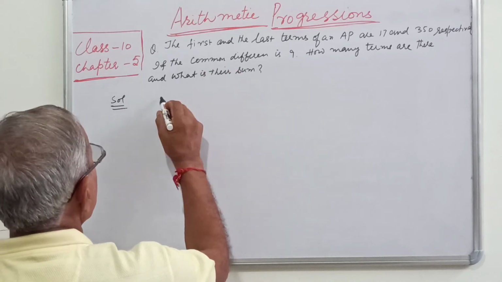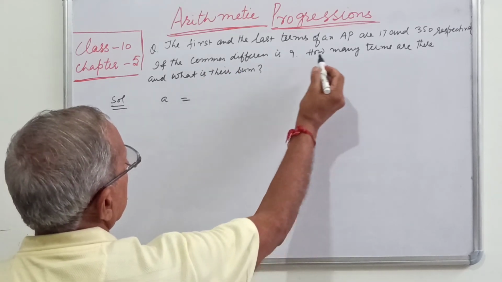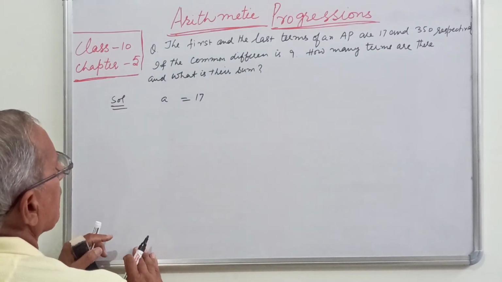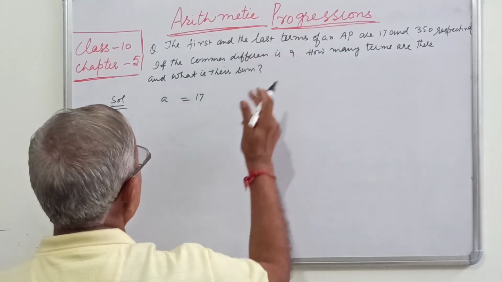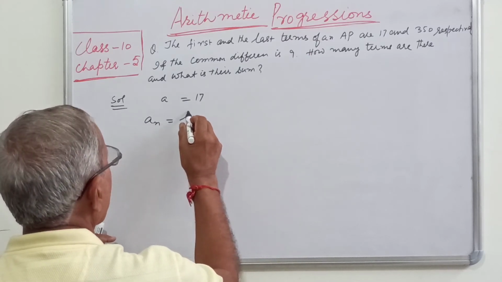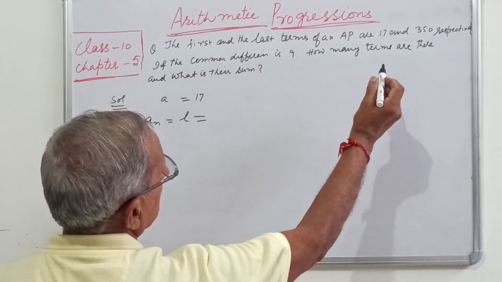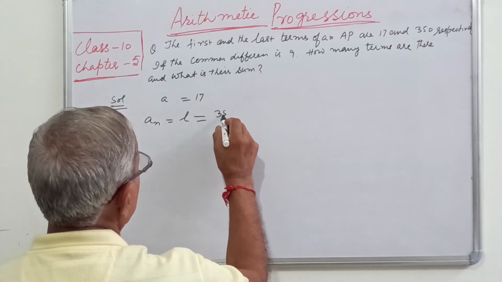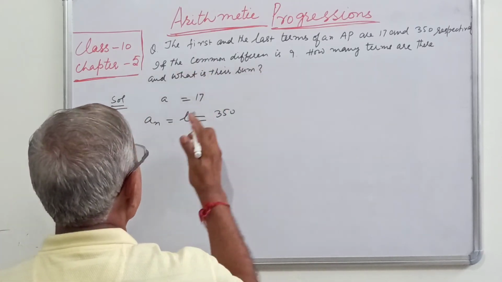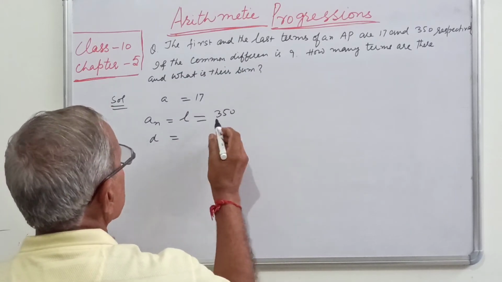The first term, that is the A. The A is 17. The first term is 17. The last term AN or L is equal to 350. We have to find and the D is common difference here is 9.